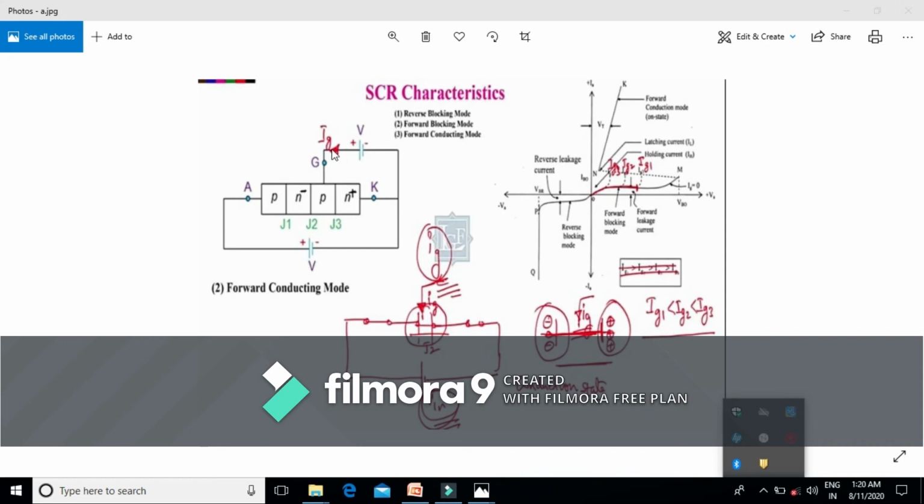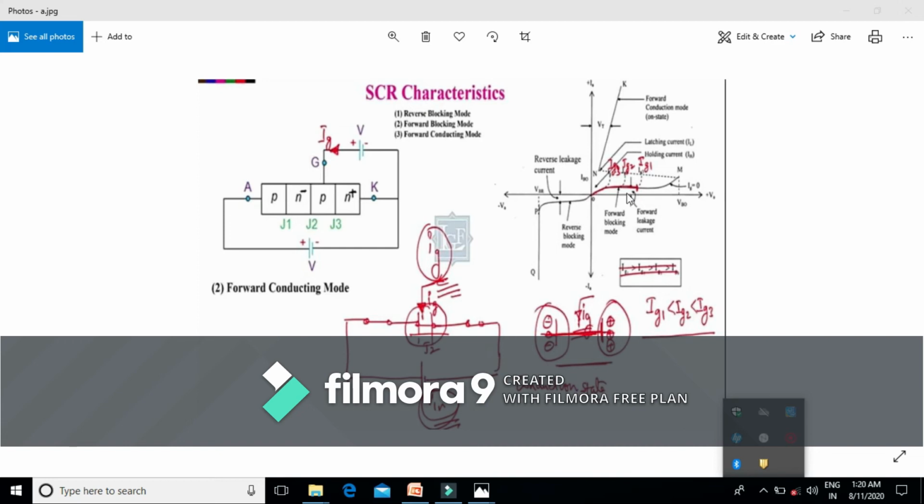Now, by applying this control signal, or here you can say this gate current, we are neutralizing the stored charge across the junction J2, which results in reducing the depletion layer.